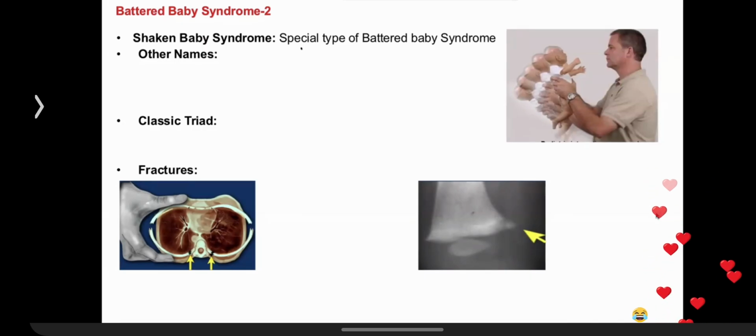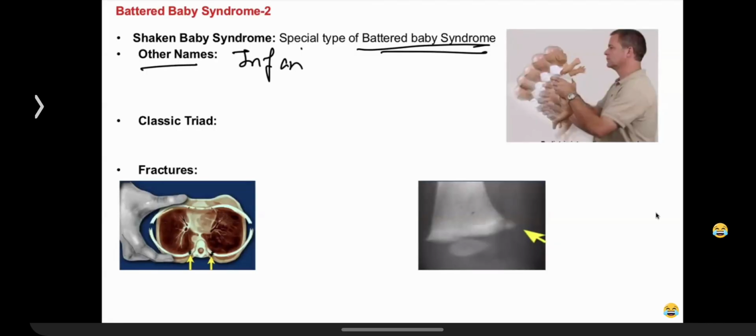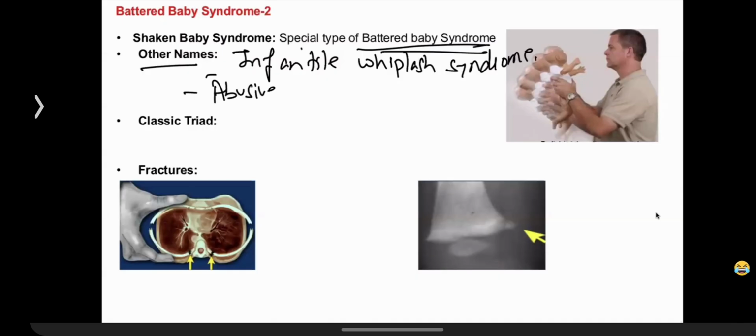Shaken baby syndrome is a special type of battered baby syndrome. Here the child is held in the arms of the parents and shaken up like this. This is called infantile whiplash syndrome, also called abusive head trauma.